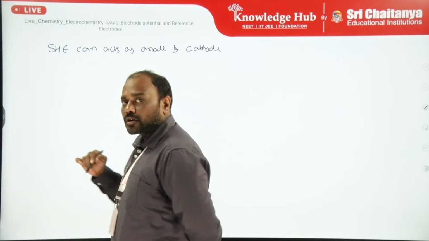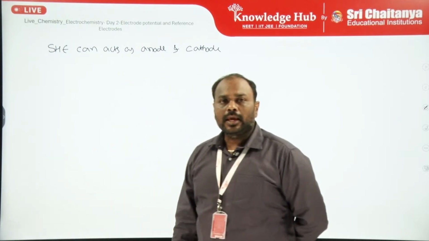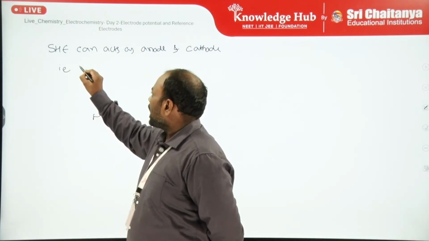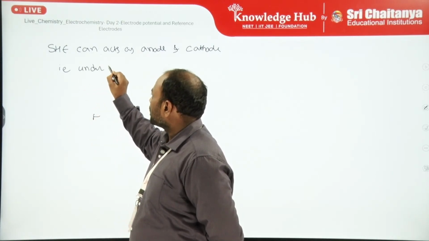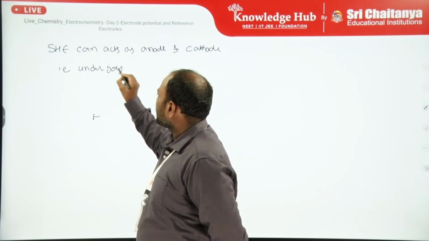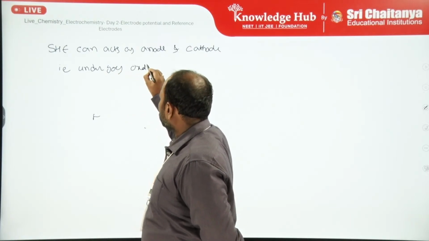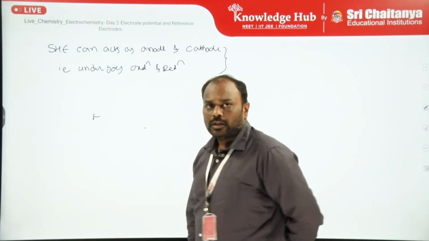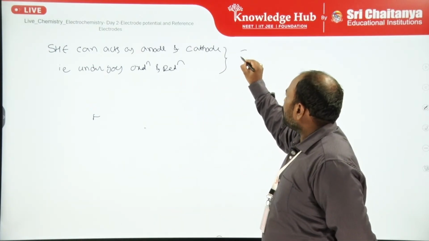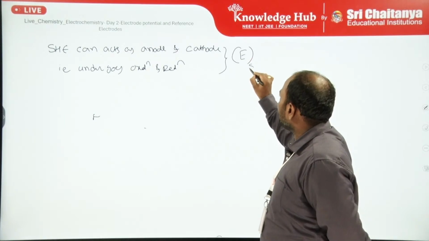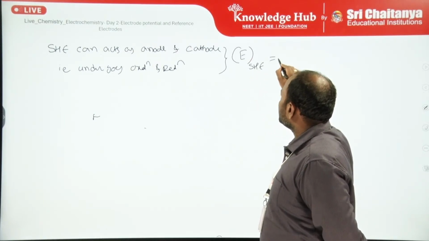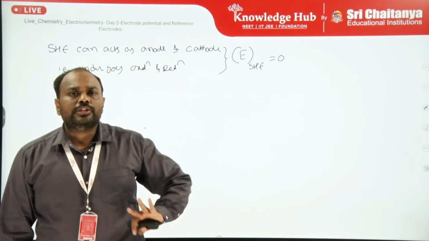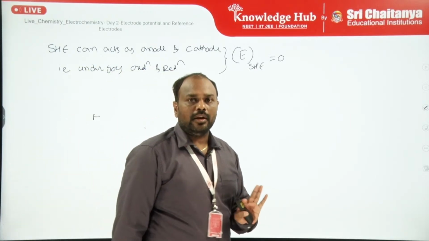That means it can undergo oxidation and simultaneously reduction. So both possibilities are there. So that's why the electrode potential of the SHE is taken as 0. So that's why there is no change in the electrode potential of the cell.